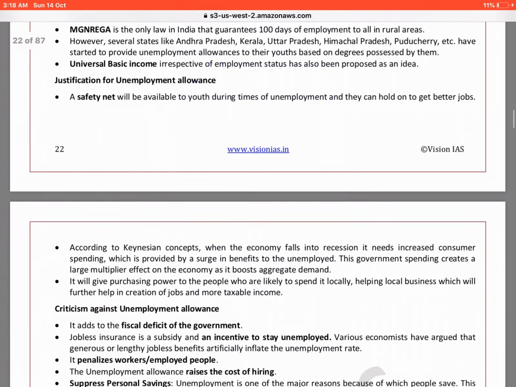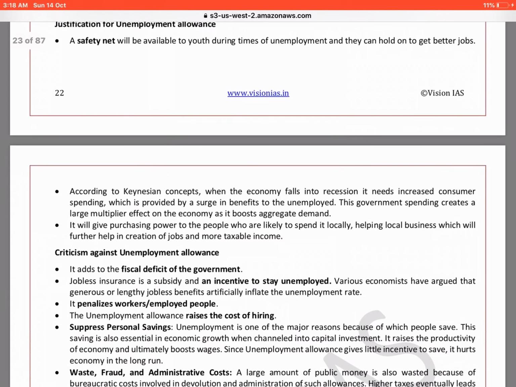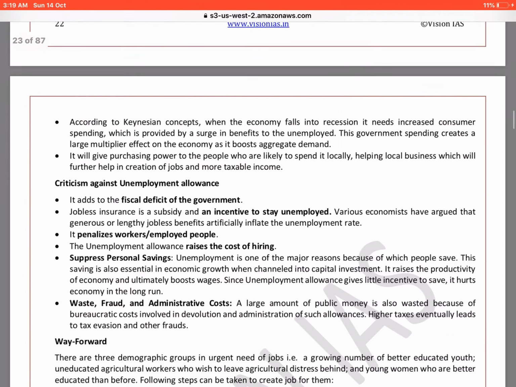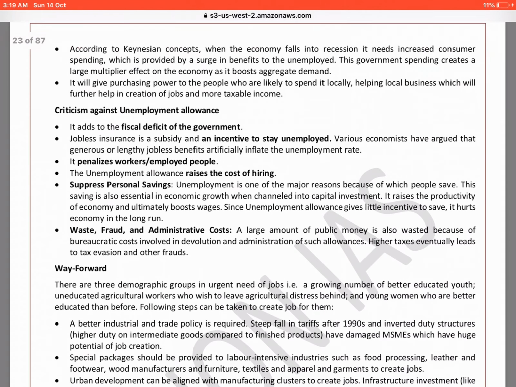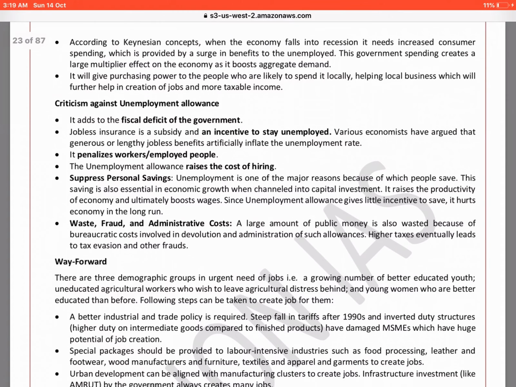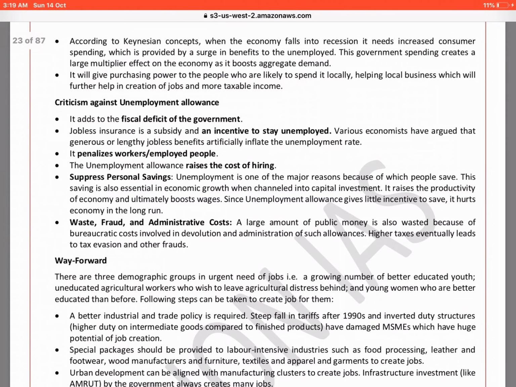The justification for unemployment allowances is that they act as a safety net for people during unemployment. According to the Keynesian concept, when the economy falls into recession, there is a need for increased consumer spending, and consumer spending like this will boost demand.